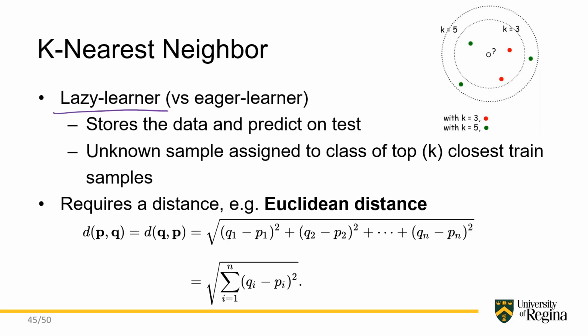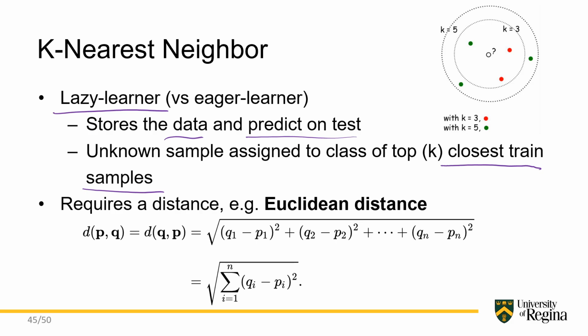A lazy learner does not create a model per se, so it does not create a function F and use that function to predict the outcome. It literally stores the data, and when you want to test something, it goes through the whole data set and tries to find the closest samples, to find out which class that new sample could belong to.